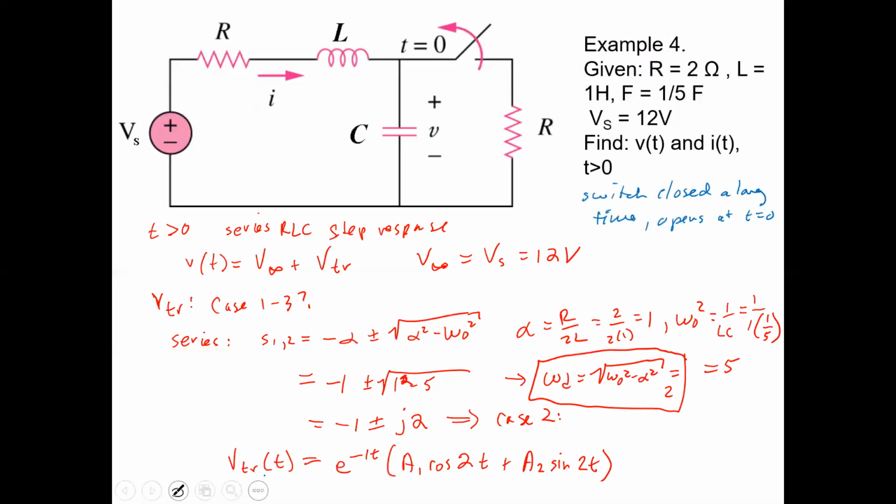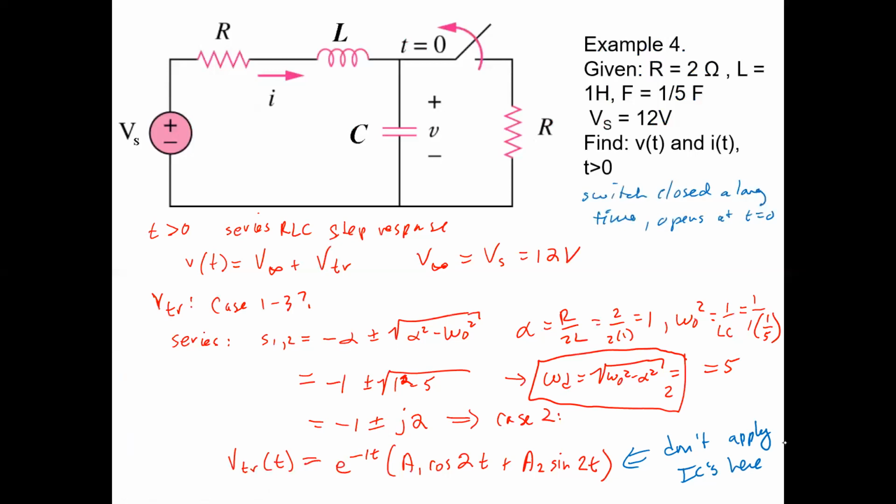Now this is just the transient, right? So we don't apply initial conditions here. We actually have to look at the whole solution and apply the initial conditions to that equation to make sure everything works okay.